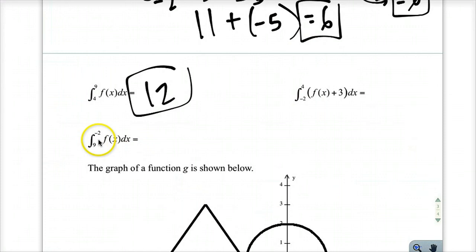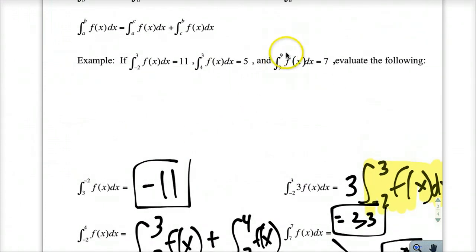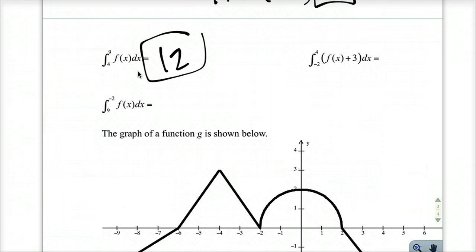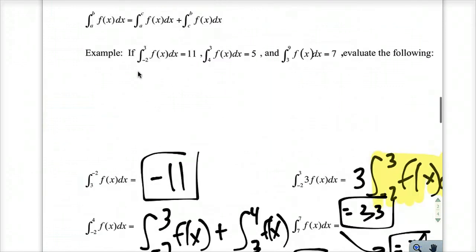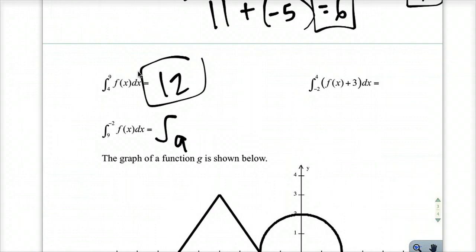This one says I want 9 to negative 2. I don't have 9 to negative 2, but I do have 9 to 3 and 3 to negative 2. So 9 to negative 2 means the exact same thing as 9 to 3 plus 3 to negative 2.